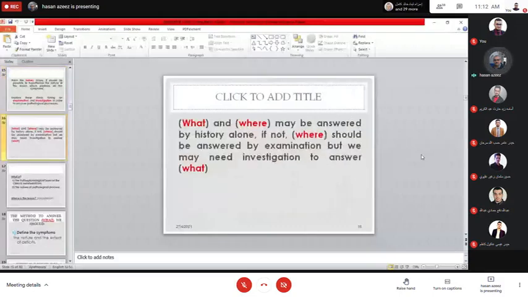What and where may be answered from history alone. If not, where should be answered by examination. But we have two examples, stroke and muscle fiber disease. The question, what is the lesion, is answered by investigation.